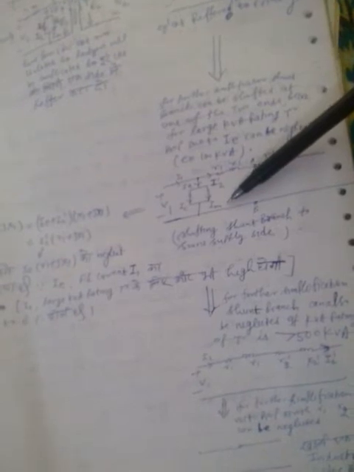Now R1, X1, R2 dash, X2 dash, this is I1, this is applied voltage V1, here it is V2 dash. Here this is IM, the magnetizing current, and this is the core loss component current. So the shunt branch is shifted to the source or supply side.